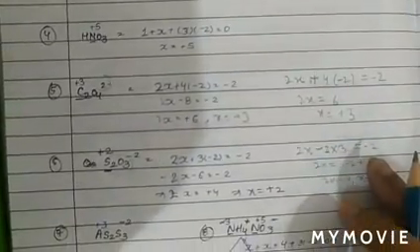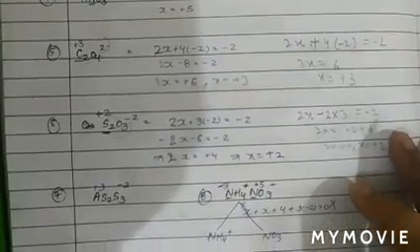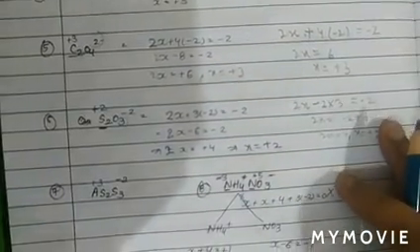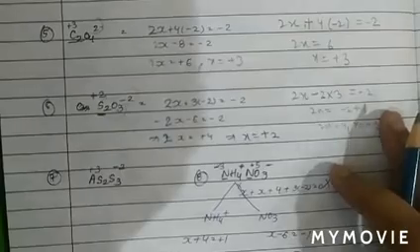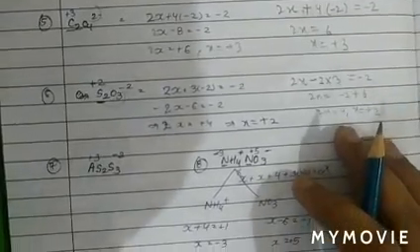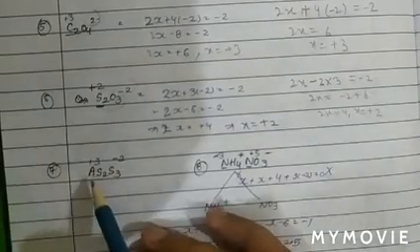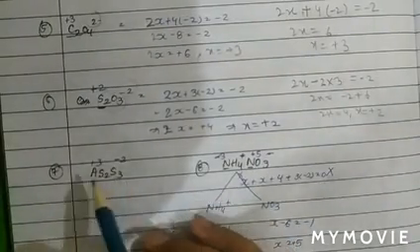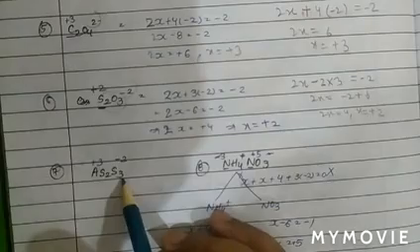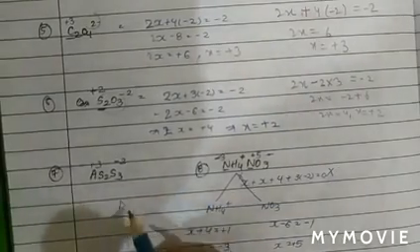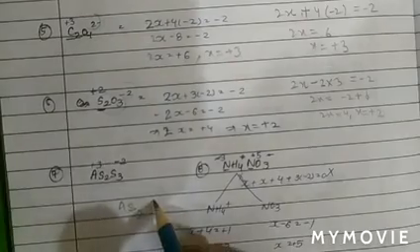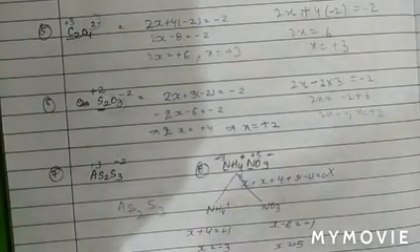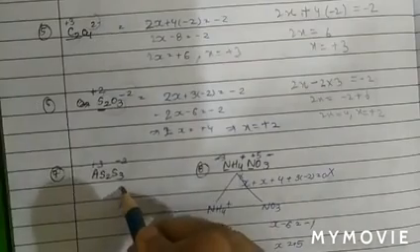See the next question. The next question is the oxidation state of arsenic and sulfur in this compound. As we know, generally in a compound the cation comes first and then the anion. So like this, As2 and S3.